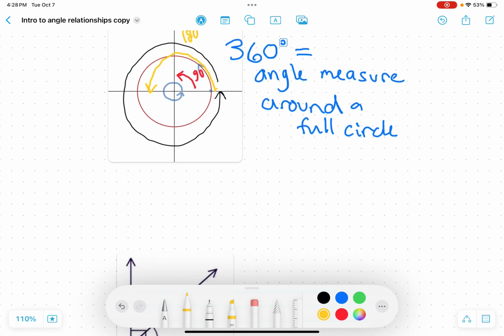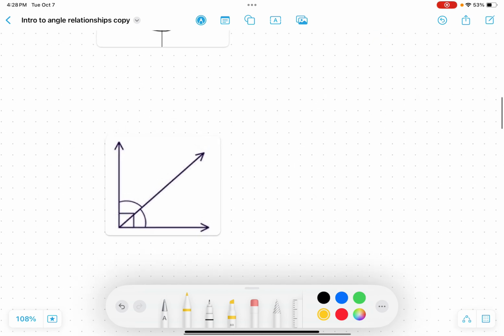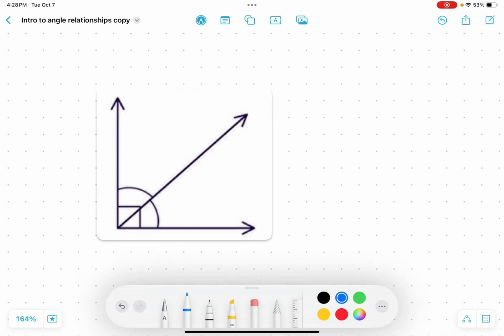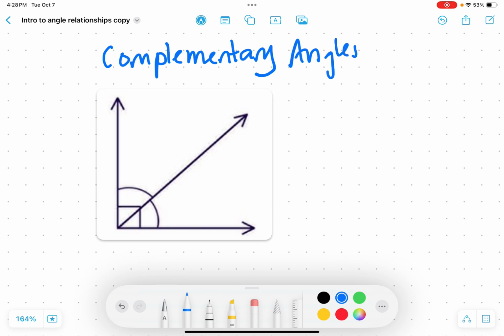So let's look at 2 different names of those angles. So this picture is showing angles that are called complementary. So these are complementary angles. And you can see that with this little symbol and the fact that it's 1/4 of the circle, these 2 angles make a 90-degree angle.